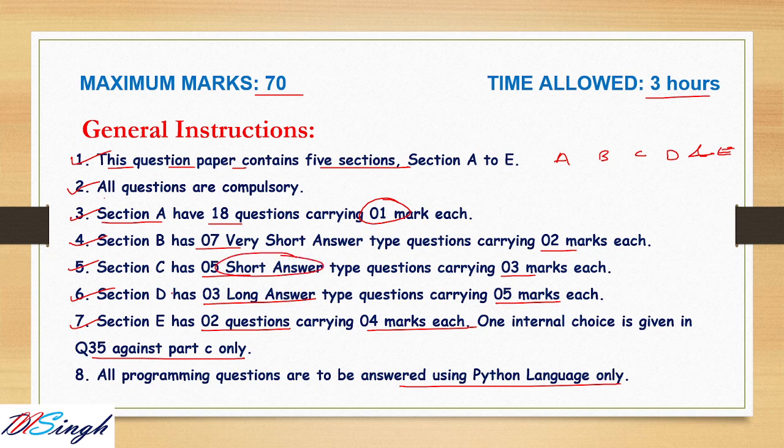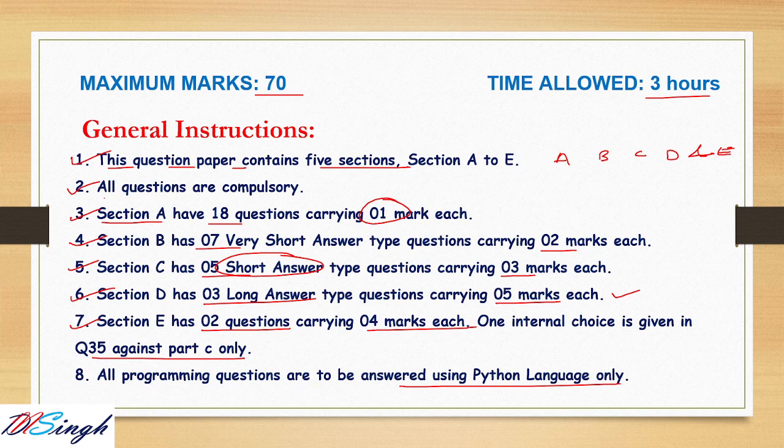And then we have 3 questions in section D of long answer type, and this is the highest marks we can have for one question, that is 5 marks, and long answer type will come under section D, and section E will have 2 questions, 4 marks each. Let us move to the next slide and see.